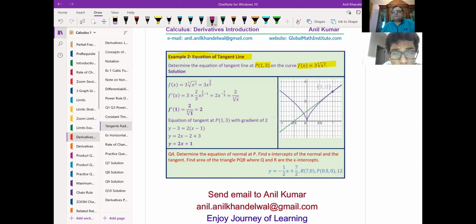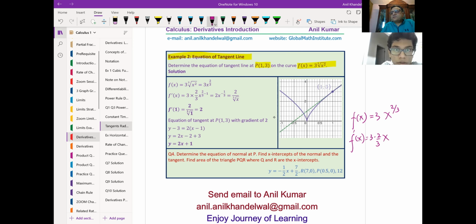I think we first find the derivative of that. So we have the function which is 3 times the cube root of x squared. I can write this as 3 times x to the power of 2 over 3, right? So the derivative of this function will be 3 times 2 over 3 x, and the power will be 2 over 3 minus 1, right?